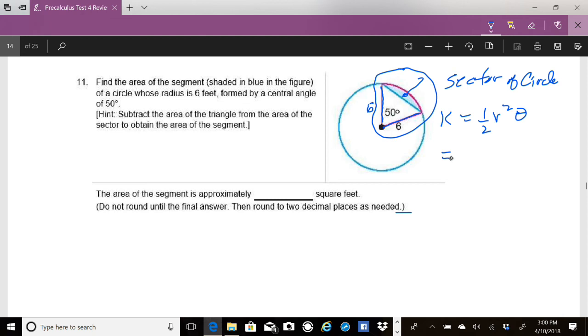And that would be 1/2 r squared, which is 6 times 6, is 36, times theta, which needs to be in radians, so we need to take the 50 degrees and multiply by pi radians for 180 degrees.